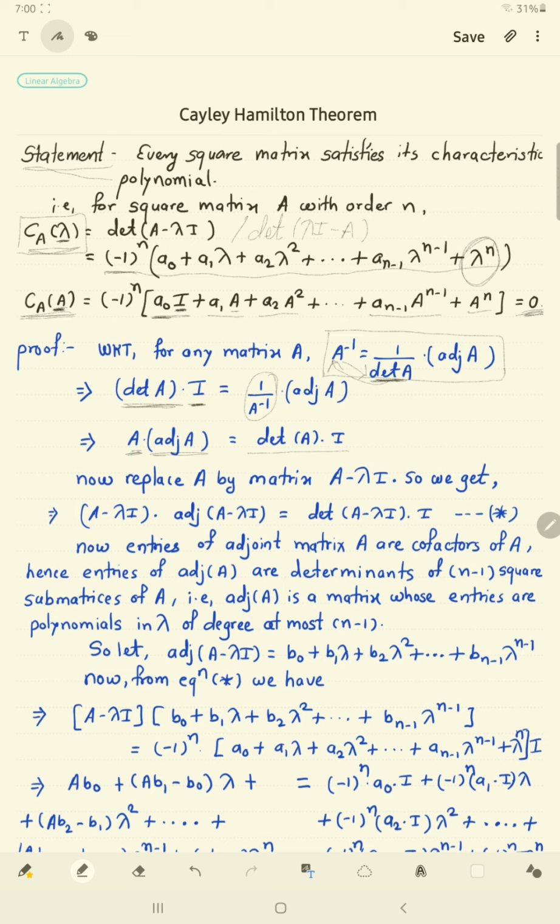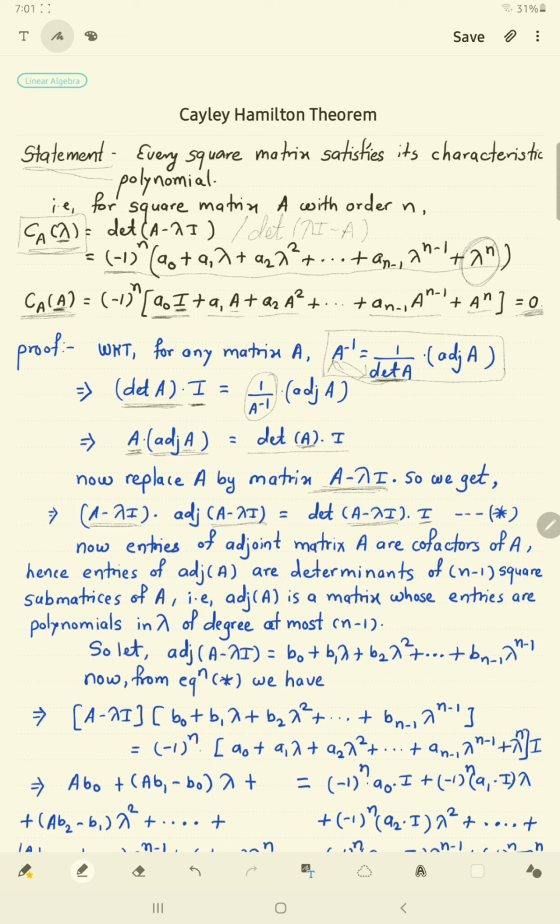Now we replace this A by A minus lambda. So instead of A we write A minus lambda. Adjoint of A is written as adjoint of A minus lambda. Determinant of A is written as determinant of A minus lambda. I is as it is. This is equation star.